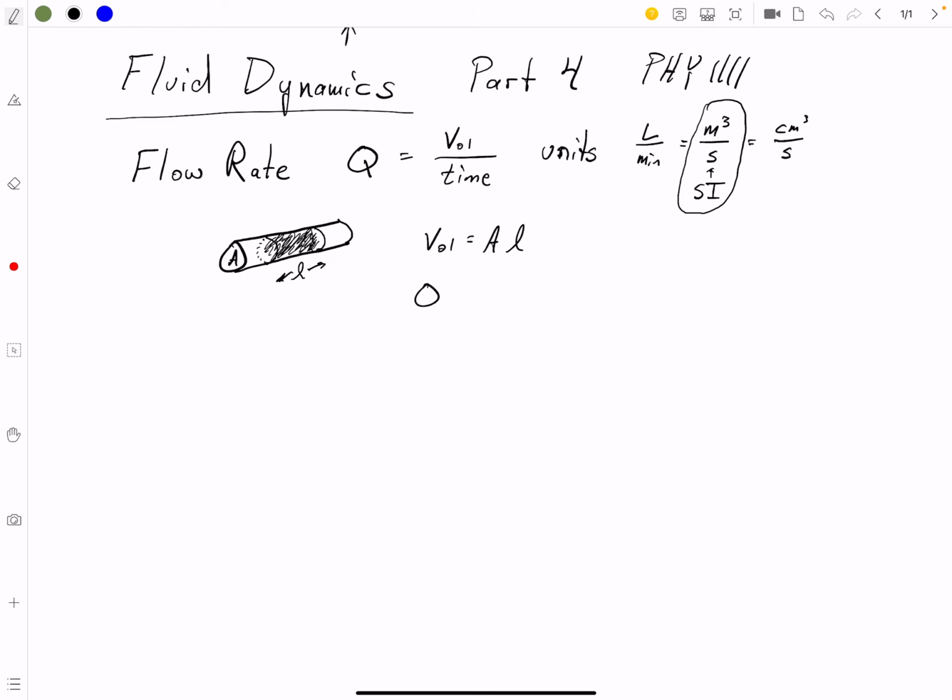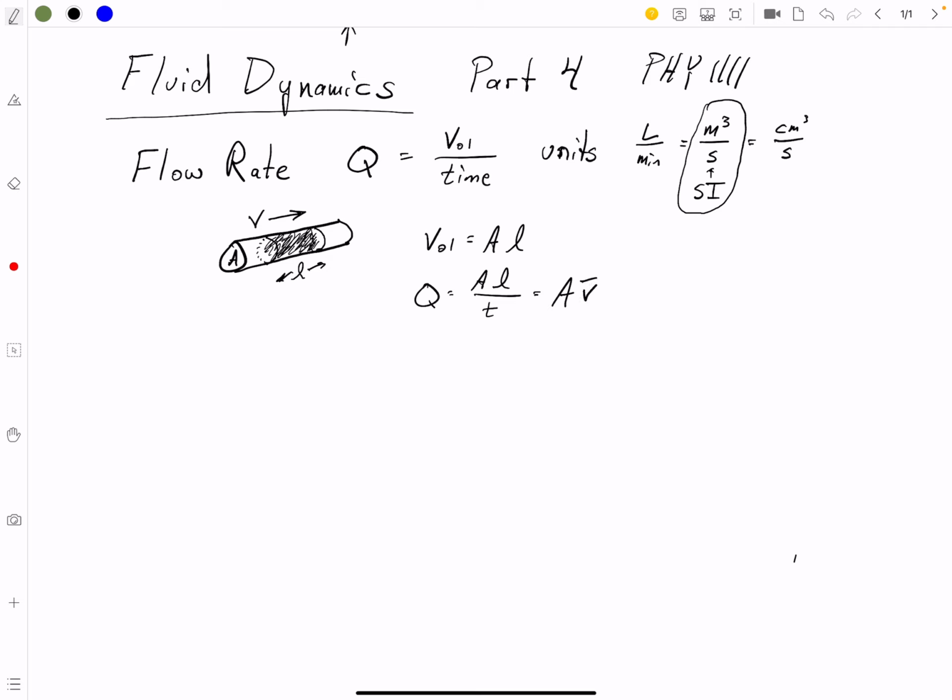Q is our volume divided by time. Well, length per time, let's say we're flowing in this direction. Length per time is just our velocity, and we'll call it our average velocity. The A doesn't stand for average. The A stands for area.